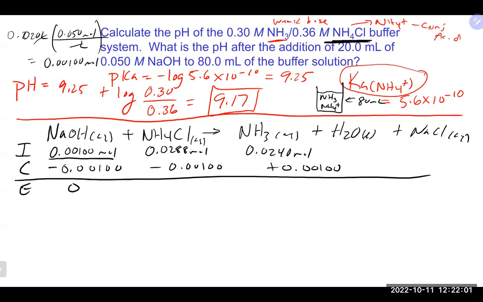We have 0.0288 plus 0.001, which gets us 0.0298 moles, and 0.0240 plus 0.001 gets us 0.0250 moles. Any questions on that?